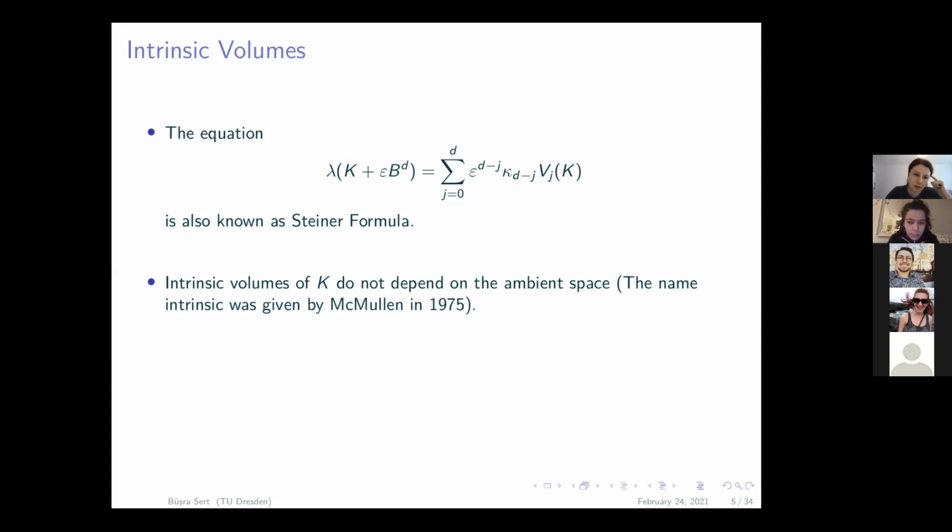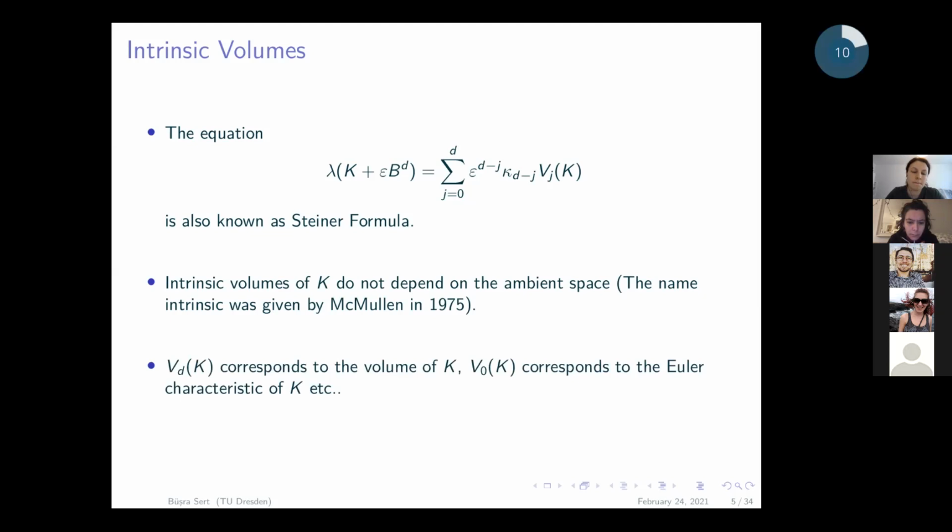The name intrinsic was given by McMullen in 1975. As I said, it gives scalar data on the geometry of a convex body. For example, the d-th intrinsic volume of a d-dimensional convex body gives the volume. The zeroth intrinsic volume corresponds to the Euler characteristic, etc.